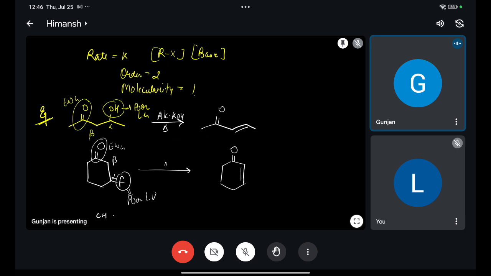Similarly CH2, CH2, CHCl2, CH2F. Again this is a poor leaving group, so it will be removed, and this hydrogen on the beta carbon is acidic hydrogen. So we are getting CCl2 double bond CH2. Is that clear to you or not? Yes, ma'am. Clear, ma'am.